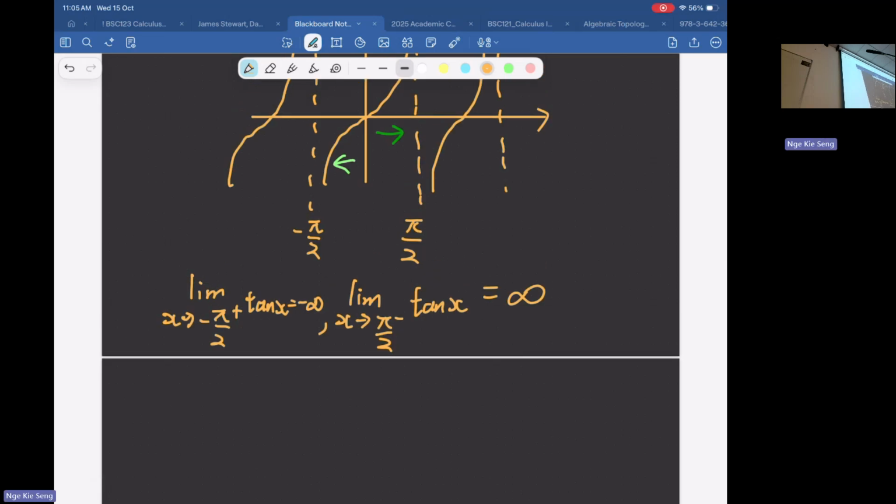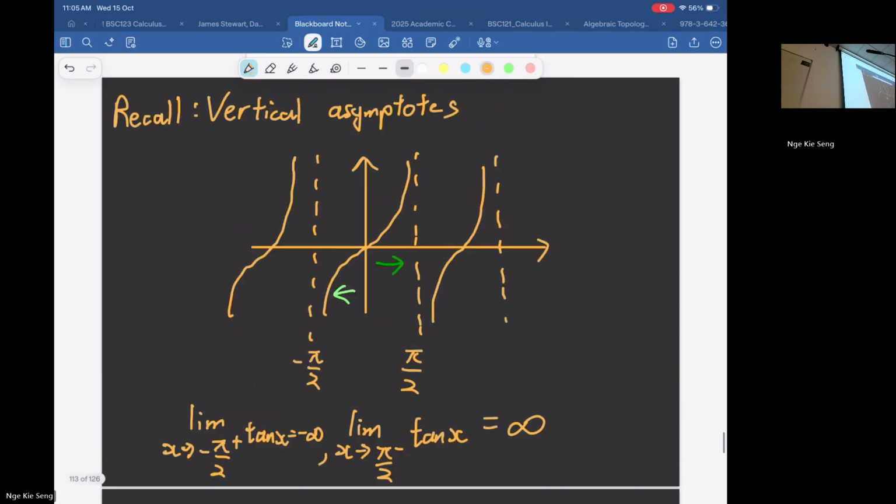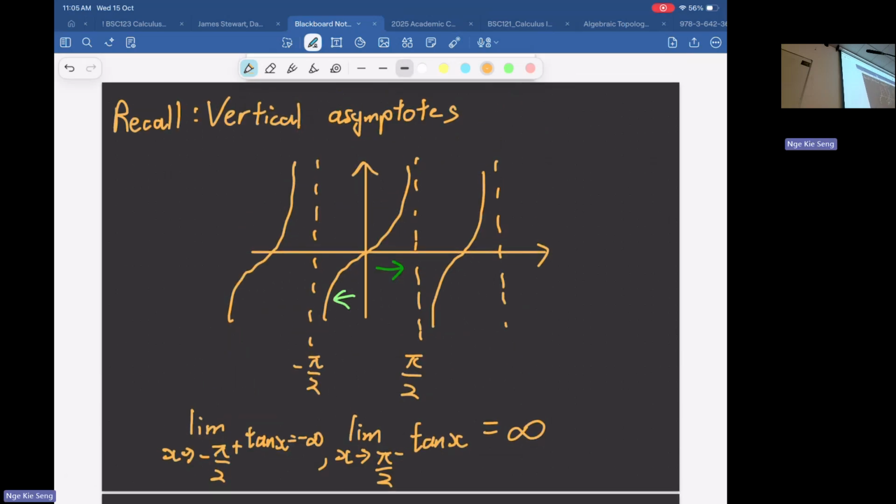So far so good. We keep approaching infinity, but we won't cross the line x equals pi over 2. If I cross, then your limit is not infinity anymore; you are at some finite point. So it will never cross.